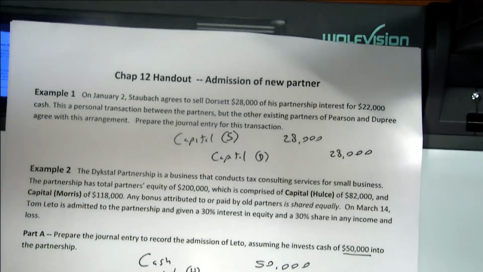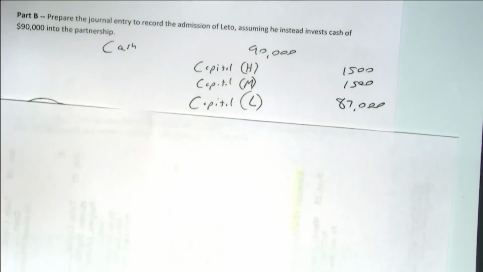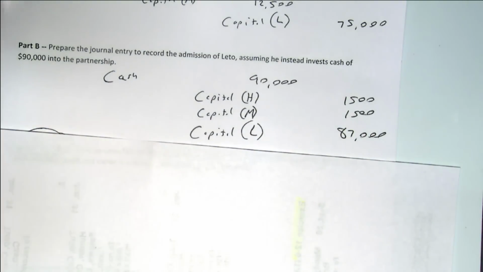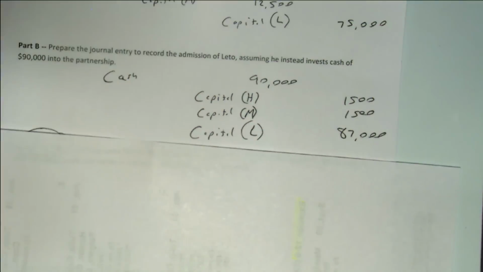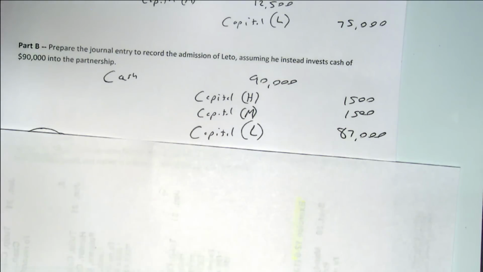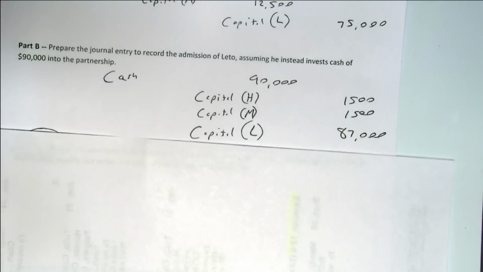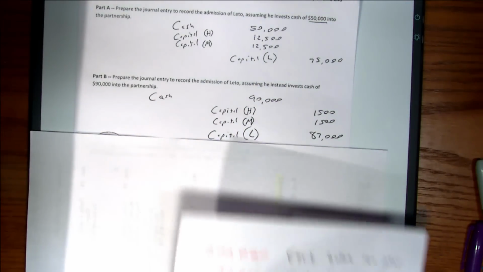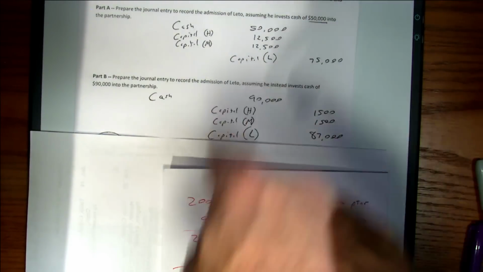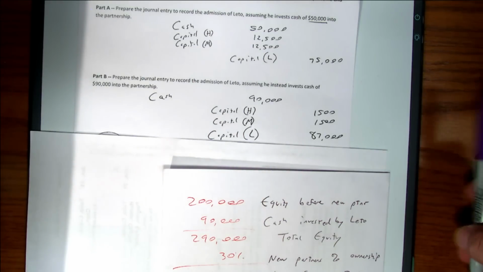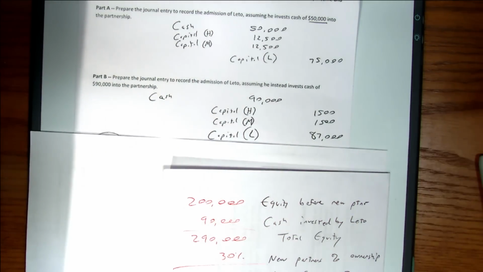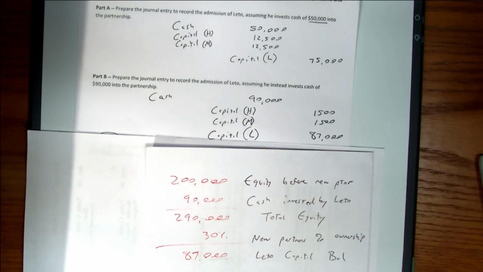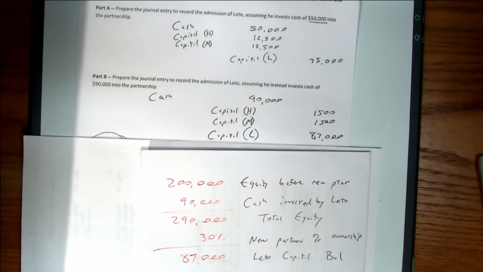But what we had up here in Part B was prepare the journal entry to record the admission of Lado, the new partner, assuming he invests cash of $90,000 into the partnership. Looking at the information at the top of example 2, we recognized that the equity before the new partner came on board was a total of $200,000, correct?